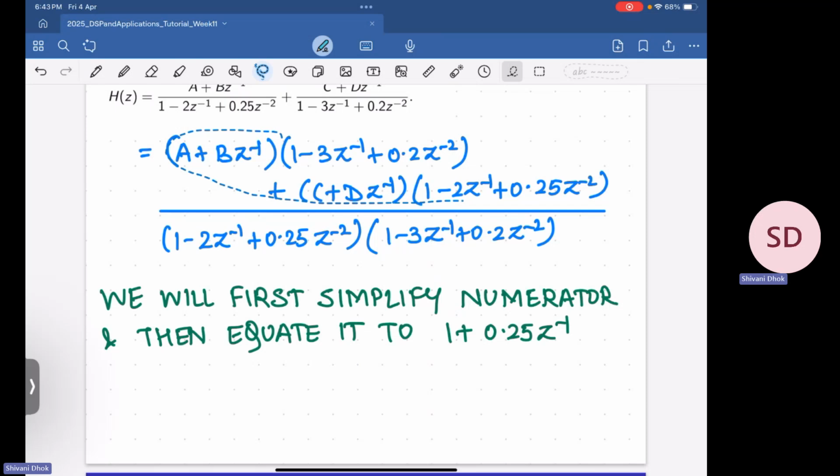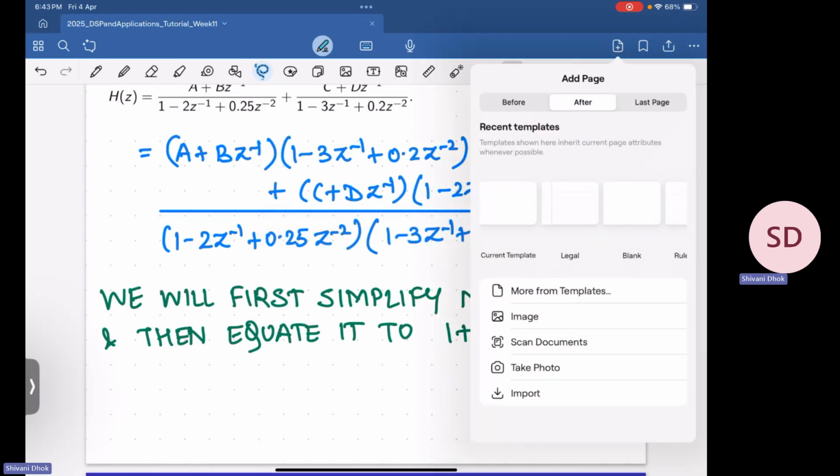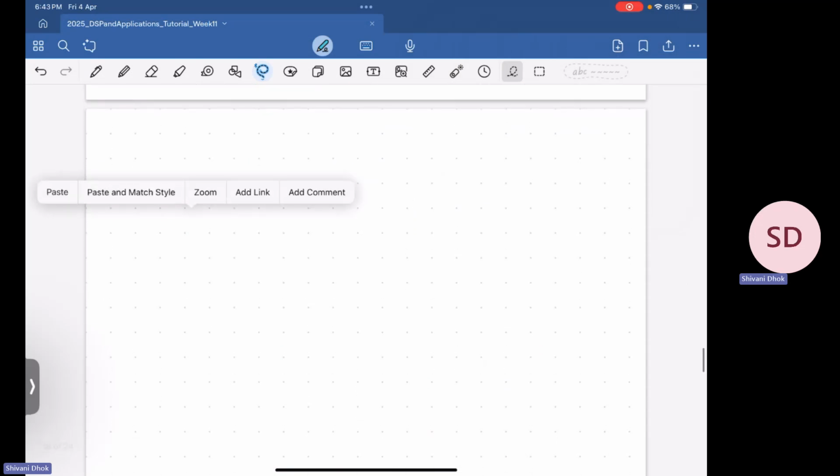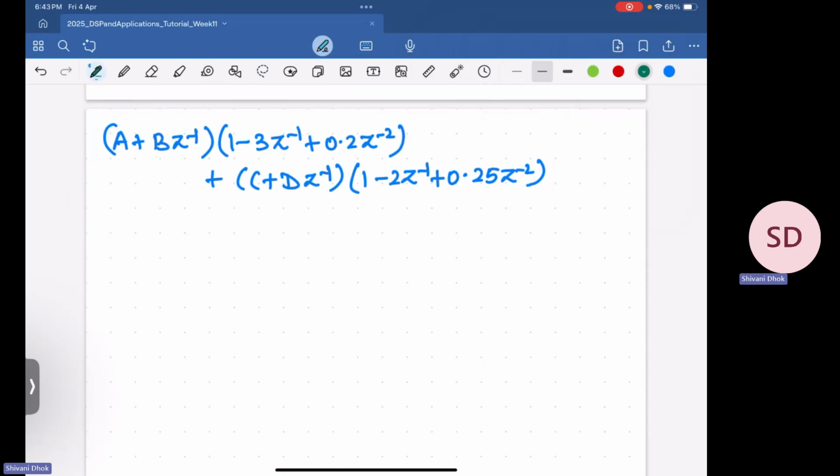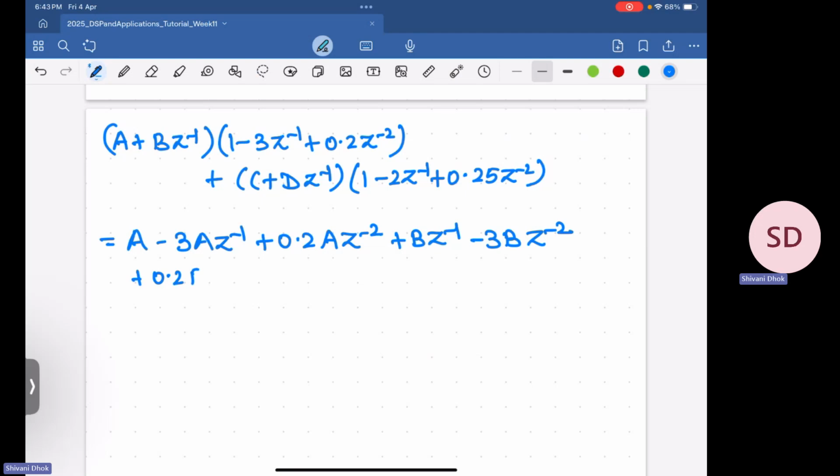Okay, so let us do that. For that, let me just take up this thing. I'll copy paste, let me do that from the next page. So what do we get? We get something like this. The first part is a minus 3az inverse plus 0.2a z to the power minus 2 plus bz inverse minus 3b z to the power minus 2 plus 0.2b z to the power minus 3.